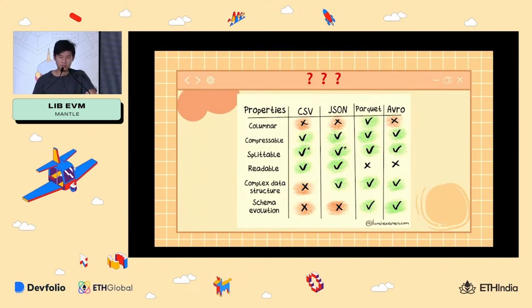But the only downside is that it's not human readable. So if you don't have any tooling to help you, or if you're not familiar with computers, your typical R boys or your typical data scientists who can only read stuff from Excel, Parquet might be a bit cumbersome or tedious. But since we're all computer experts here, this shouldn't be an issue.